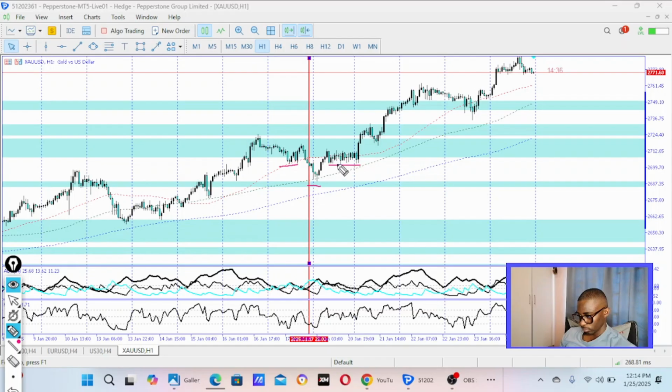So this is a continuation pattern. This head and shoulders is a continuation pattern, a bullish pattern. This is where your first entry was going to be, and the second entry was where price closed here in a high.